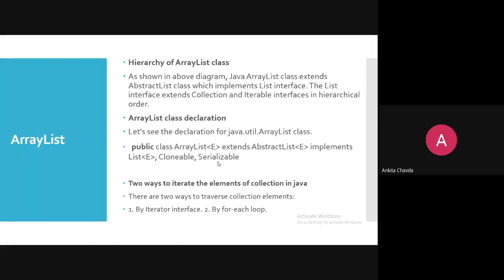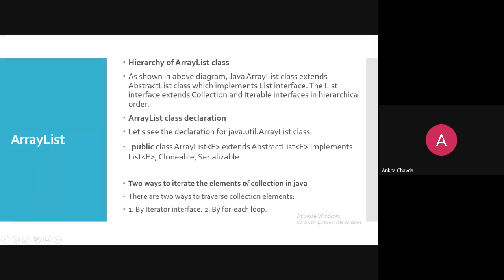If you wish to make a clone, you can use the Cloneable interface, and Serializable is also there. In a simple class declaration, it is public class ArrayList extends AbstractList implements List, which is your main interface, and then if you wish, you can add Cloneable and Serializable, right?